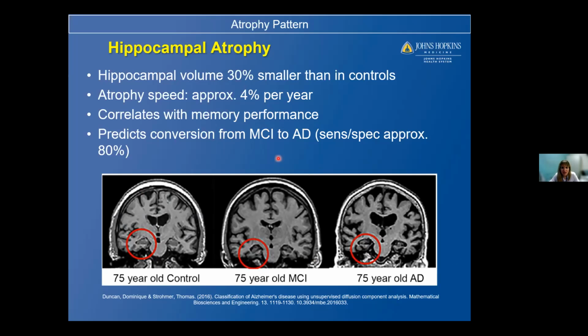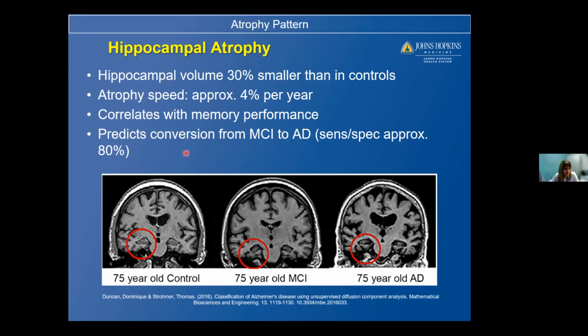An old but still helpful feature is that the speed of hippocampal atrophy is prominent in AD. Therefore, it is important to evaluate serial imaging and look for progression of atrophy over time. The degree of hippocampal atrophy correlates with memory performance and predicts conversion from mild cognitive impairment to AD.